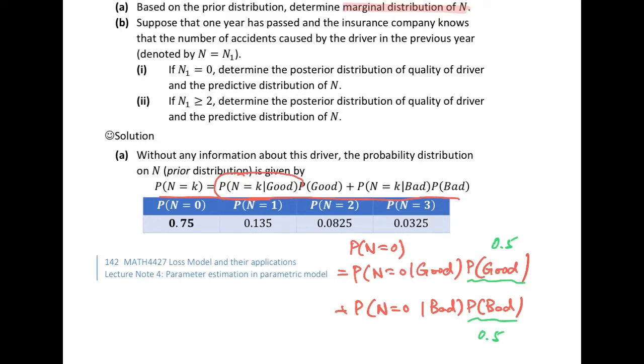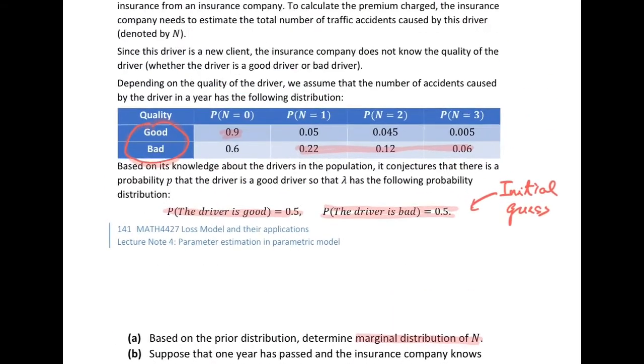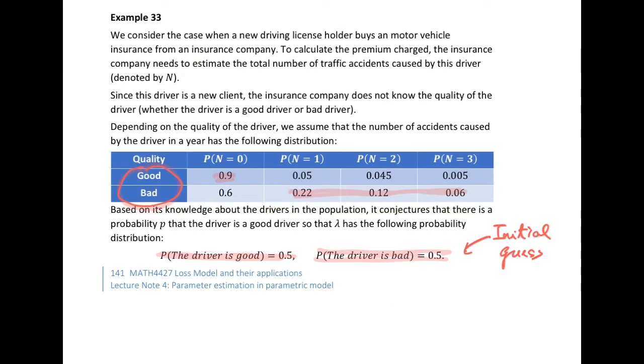Now here, if the driver is good, then the probability that N equals 0 will be equal to 0.9, isn't it? You can just go back to page 141 and check this number out.